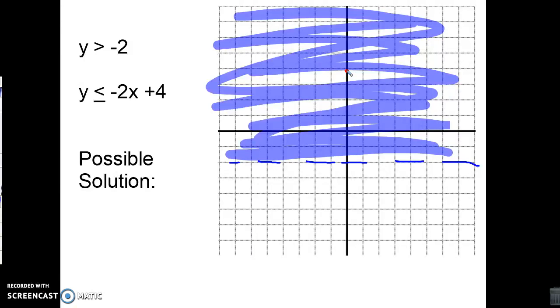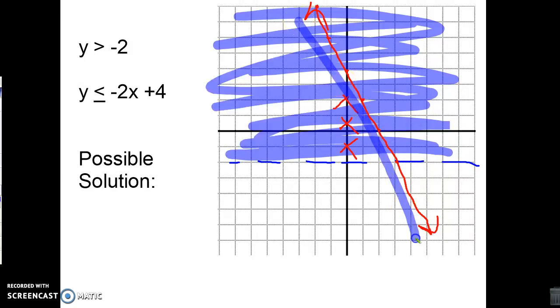My slope is -2, so down 2, right 1, down 2, right 1, and so on. I can go up 2, left 1, up 2, left 1. This is going to have a solid line because it says or equal to, and then numbers that are less than a y-intercept of 4 would be here, here, here, and so on.